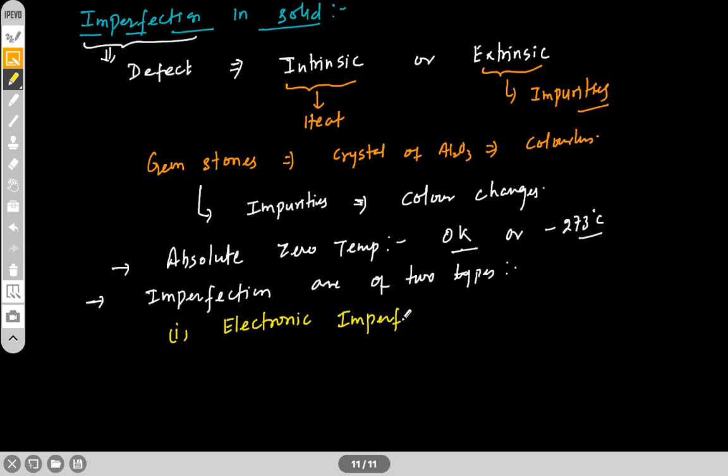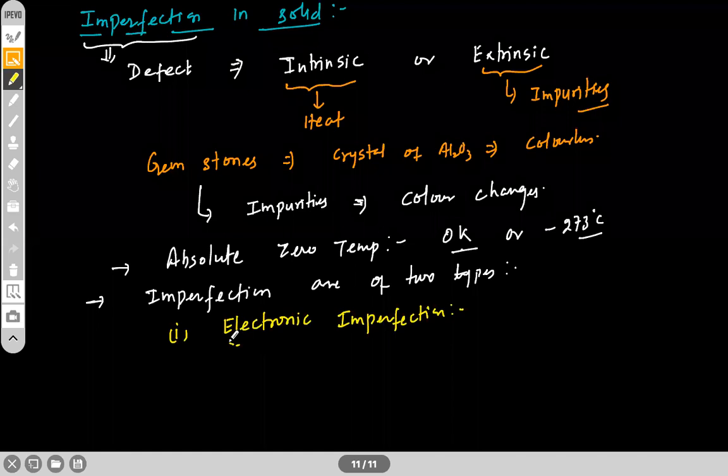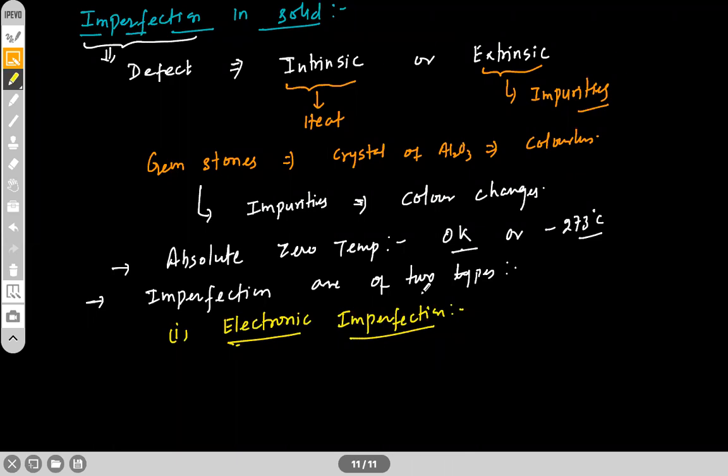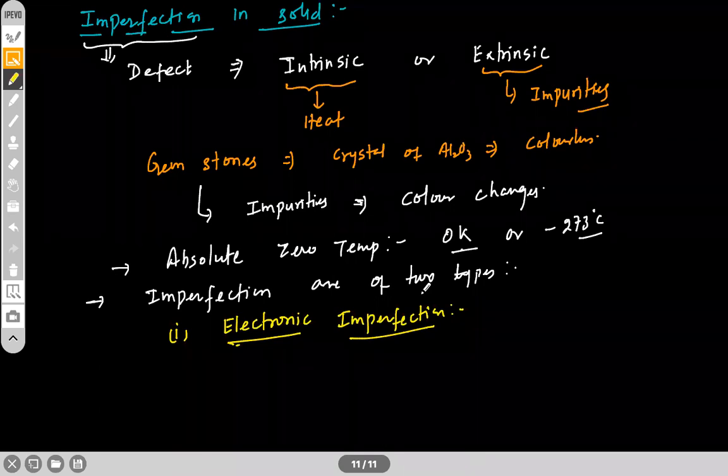As the name suggests, this imperfection is because of the movement of electrons. And the second one is atomic imperfection, which we also call point defect.